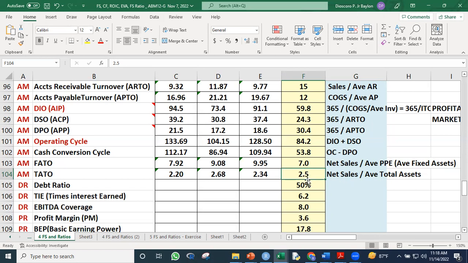So overall, the direct competitor was performing better compared to this company, which has a figure of 2.2. For every 1 peso of total assets, the company was able to generate sales of 2.2, while the direct competitor was able to generate 2.5.